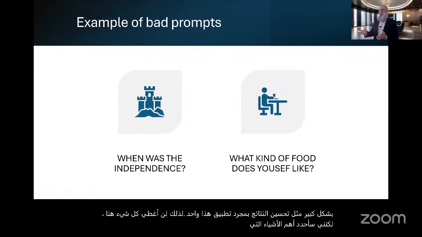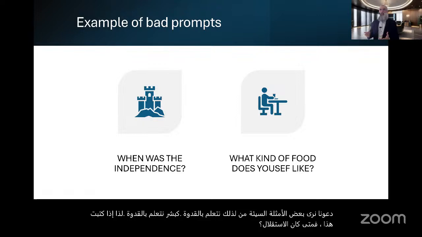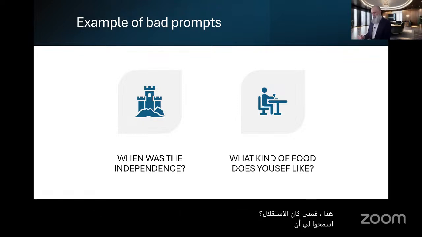let's see some bad example prompts. We learn by example as humans. So if I write this, when was the independence? Let me open Copilot, and you can also do the same.